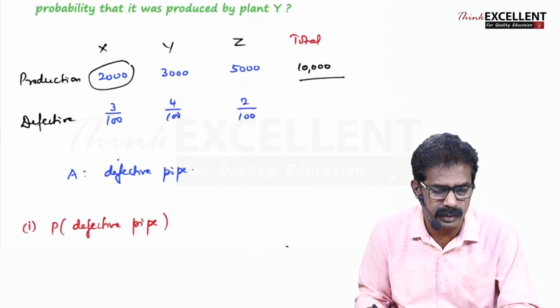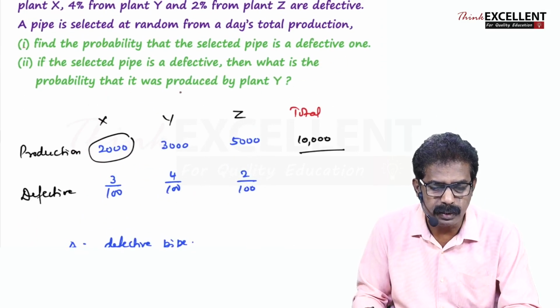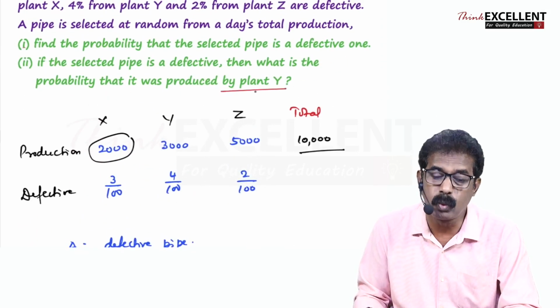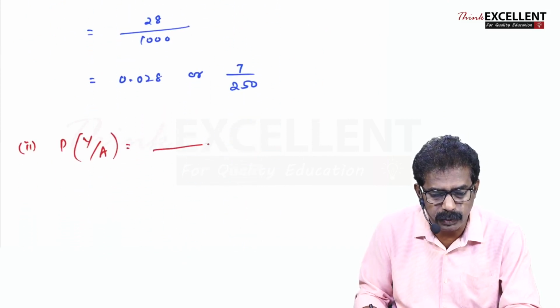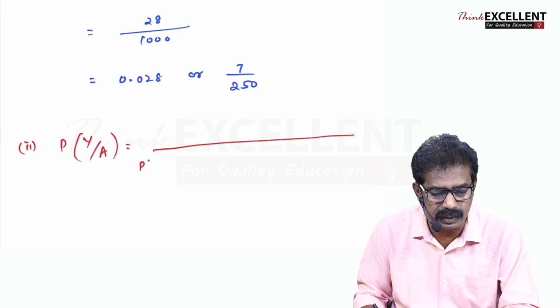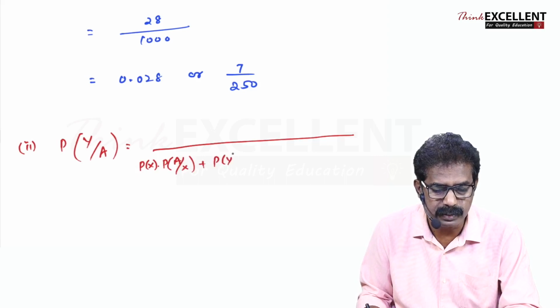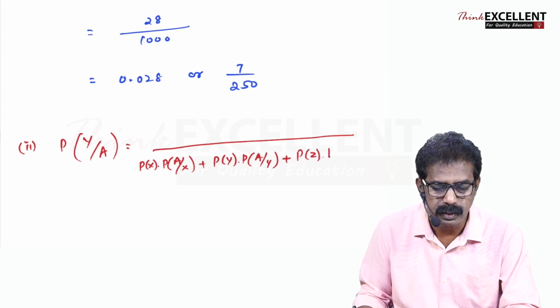But let us see what they asked here. What is the probability that it was produced by plant Y, right? So P of Y given A. So in the denominator you write the total probability: selecting the first plant and P of A given X, or selecting the second plant and which produces defective, or selecting the third plant and that one produces defective.